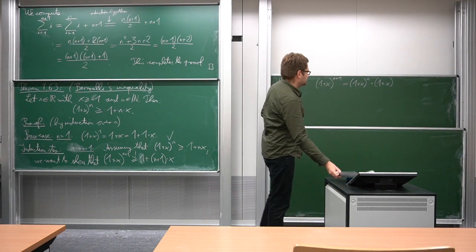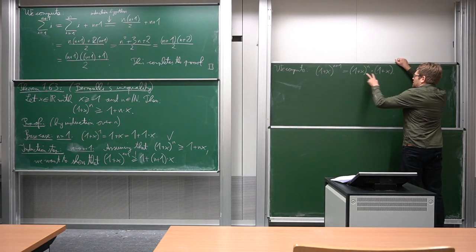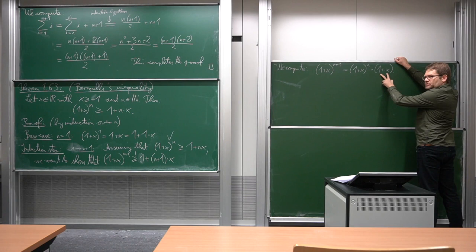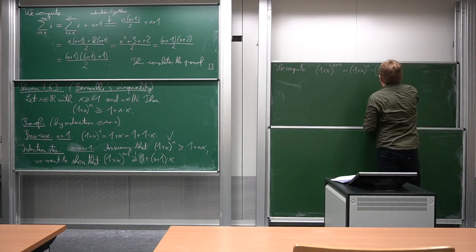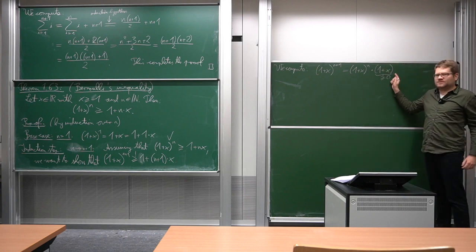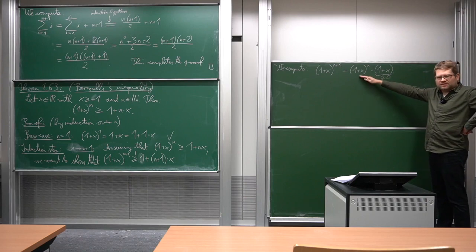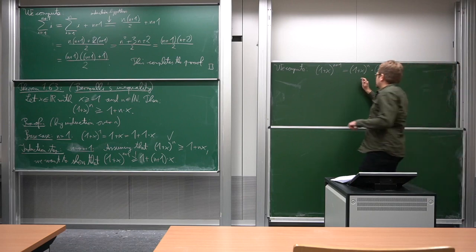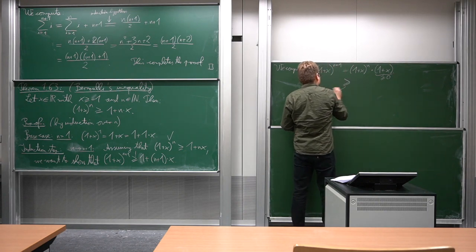So here we know that for this thing we have an inequality, and now here's this factor, and here's the important part, that x is at least minus 1, because this means that this is bigger than or equal to 0. So we multiply with something non-negative, and that was part of the ordering axioms here, that then the inequality stays the same. So this is then indeed bigger than or equal to, and here we use the induction hypothesis.